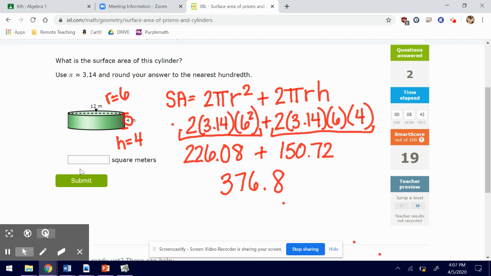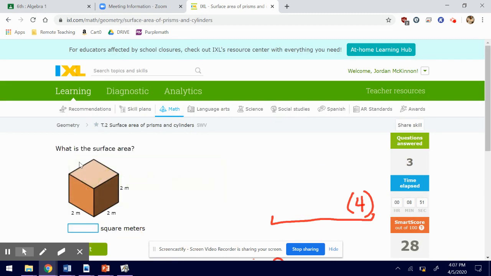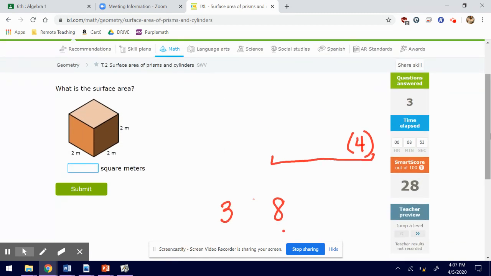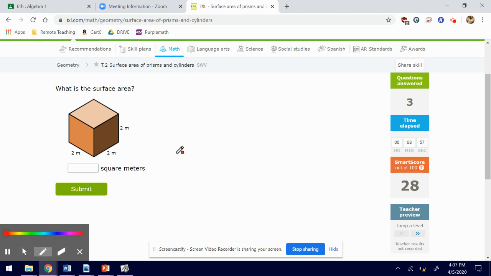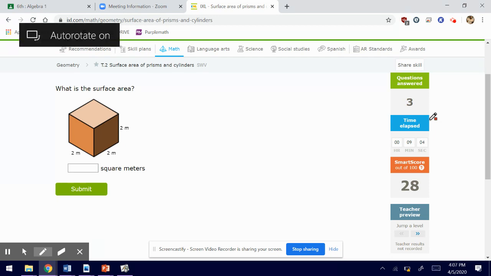So I'm going to type that in. 376.8. Okay, so now it's giving us a rectangular prism. Now, a rectangular prism is anything that looks like a box. Okay, so if it looks like a box, you're not going to use the same formula that you use for the cylinder.